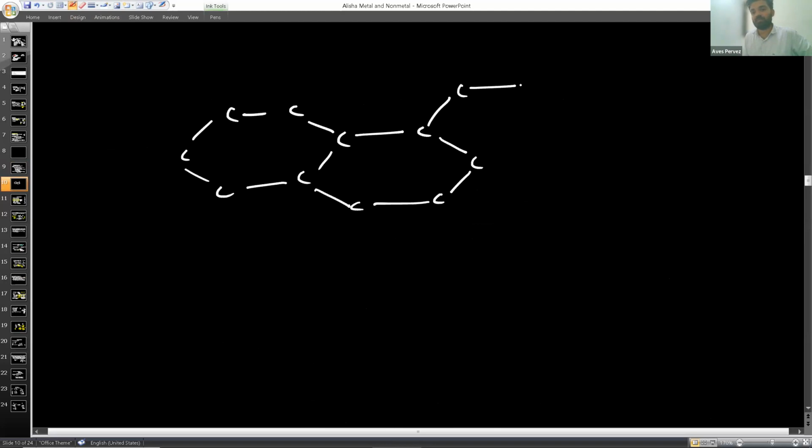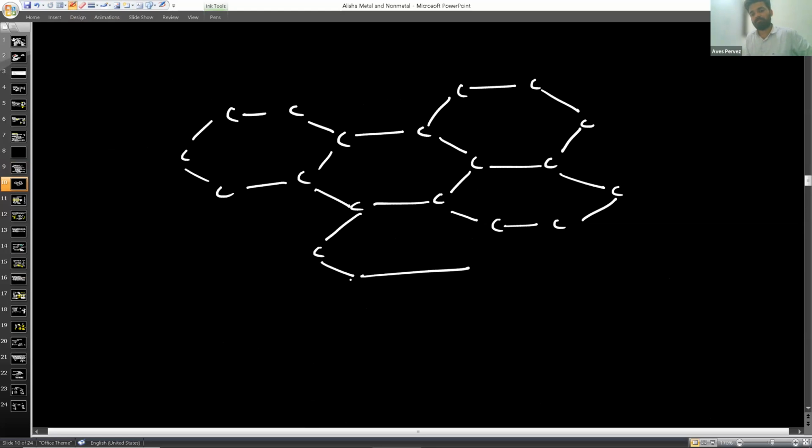They are arranged in this way. So because of that, every carbon atom here is attached with three other carbon atoms. Their electrons are free because carbon has four electrons in its outermost shell. One electron is not participating. So that's why it is a good conductor of electricity.